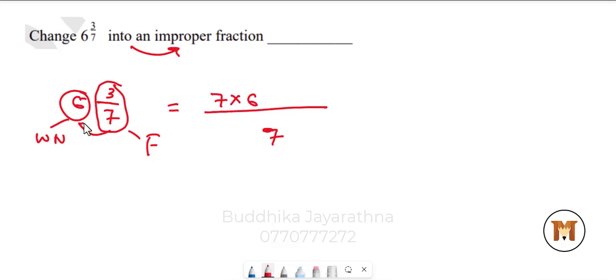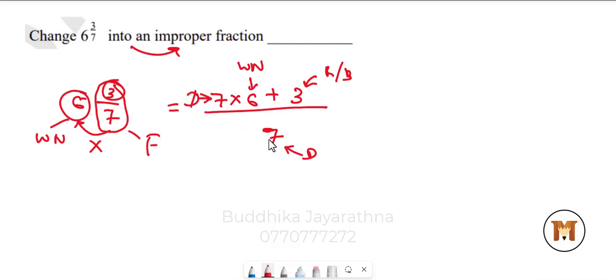So you multiply the denominator with the whole number, and this is the balance, which you are going to add into this. So this is the whole number, and this is the remainder, or the balance, and this is the denominator, the same denominator you are using here.